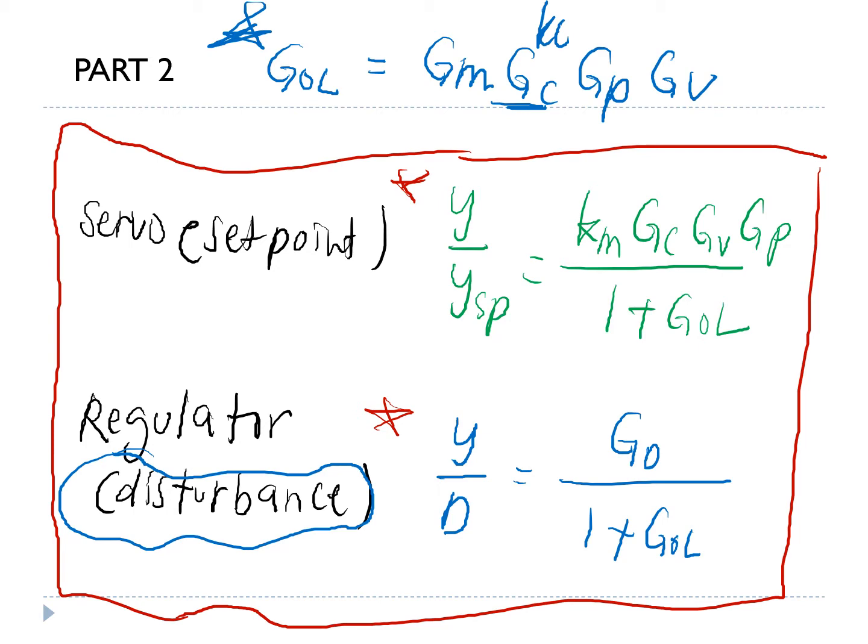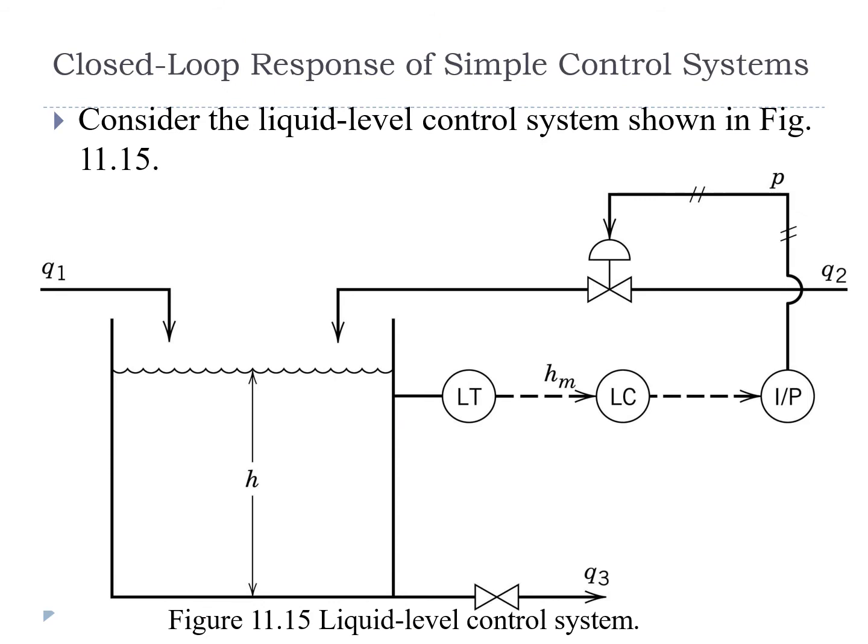Now let's take a look at the same example. This is a liquid level control system, the same example we discussed last week. The control objective is to control the level of this tank by manipulating the flow rate of species 2.